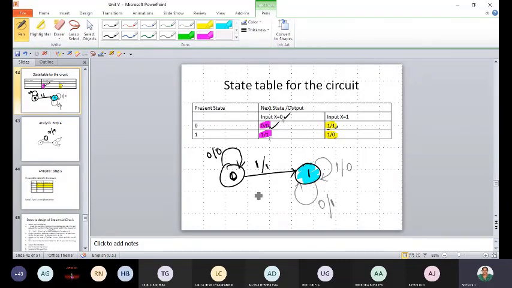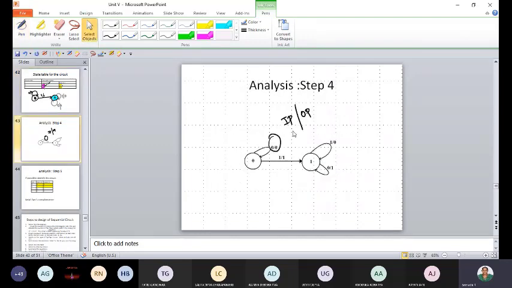I am not coming back. According to the circuit given, I am not coming back to the 0 state again. From 0, if I'm moving to 1, I'm staying back here only. This is the state diagram. That is what I have drawn here. Keep in mind, in each transition, that is the directed arrow, whatever value that I'm writing is nothing but your input and the output.